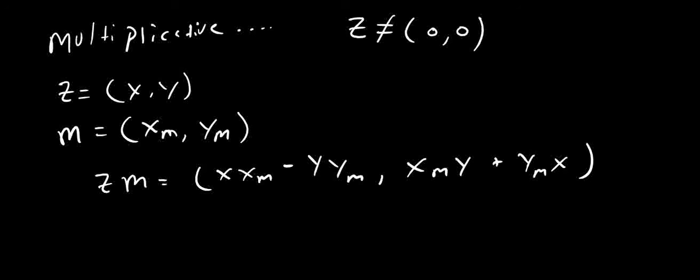And so the multiplicative inverse, I should have told you what this means, is that the product is equal to the multiplicative identity, which is 1, right?